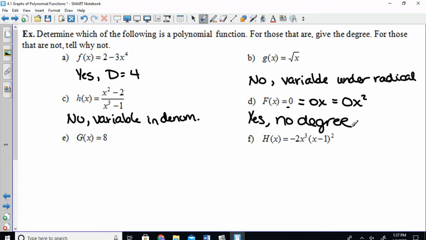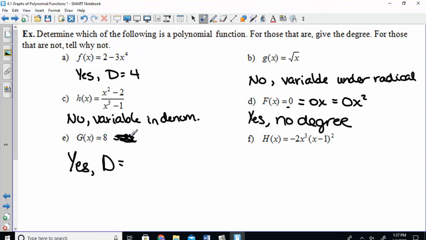Now, E is similar but different. It's still just a function equal to a number, but that number is no longer 0. So is this one a polynomial? Yes, it didn't break any rules. Now the degree. Is 8 the same thing as 8x?